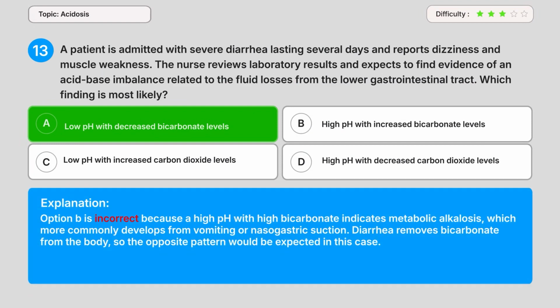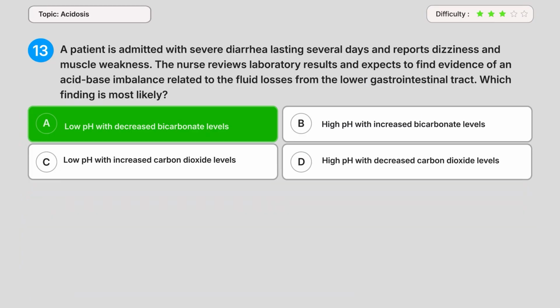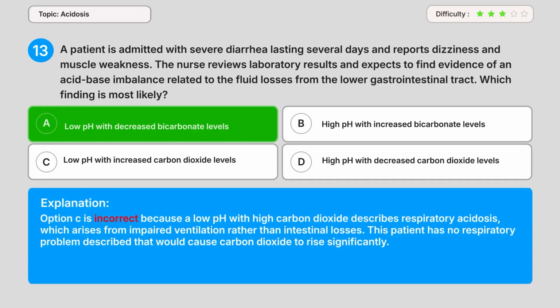Option B is incorrect because a high pH with high bicarbonate indicates metabolic alkalosis, which more commonly develops from vomiting or nasogastric suction. Diarrhea removes bicarbonate from the body, so the opposite pattern would be expected in this case. Option C is incorrect because a low pH with high carbon dioxide describes respiratory acidosis, which arises from impaired ventilation rather than intestinal losses.